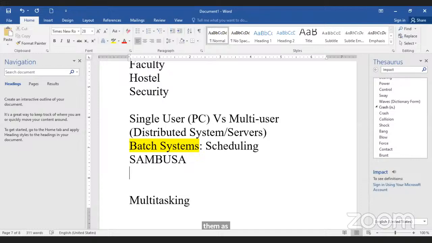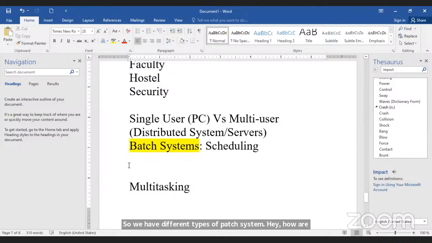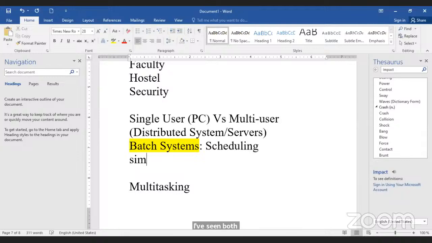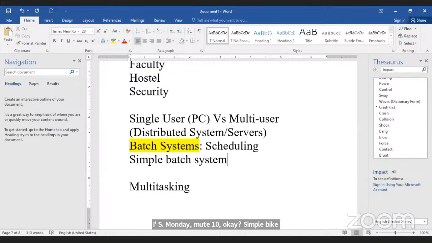So we have different types of batch systems. We have simple batch systems.